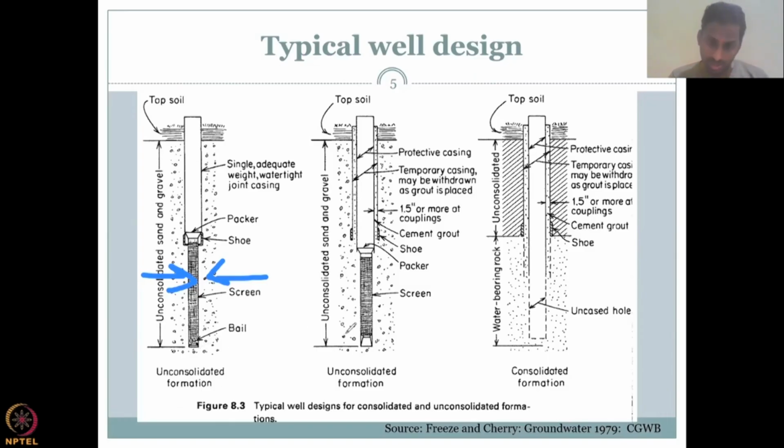Then we go to the unconsolidated formation with more loose sand and gravel. What happens if you have a well and there is loose material outside? Slowly, when you pump and there is activity in the well, the solid particles can fall in. This is not good for the well, right?